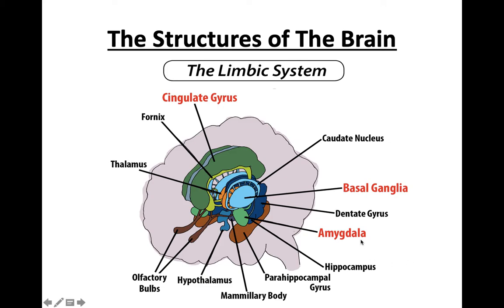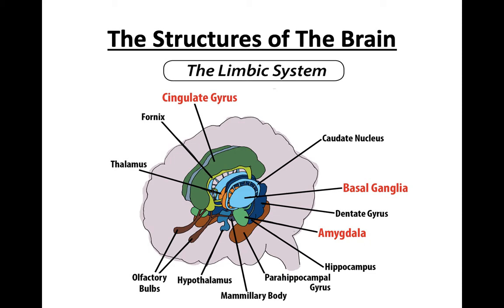So the amygdala, you'll see here, is this almond-shaped set of neurons. It's responsible for processing and expressing arousal and emotion like anger and fear. The amygdala is very well known: when people are angry or afraid, the amygdala is involved.